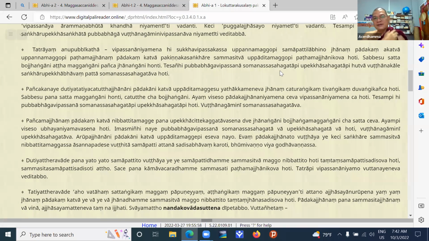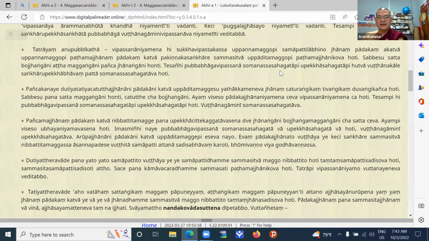Here the first jhanika magga is associated with somanasa. So at the moment of saccavibhaṅgo also, that should be with somanasa. Saccavibhaṅgo must be with somanasa because it is the first jhana magga.